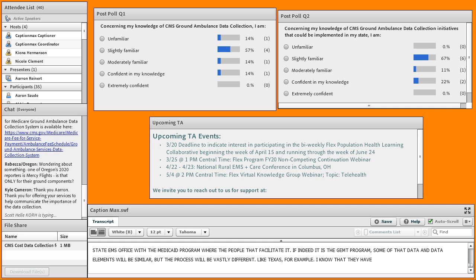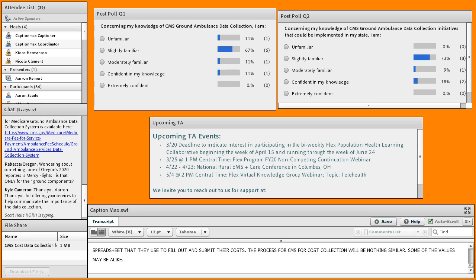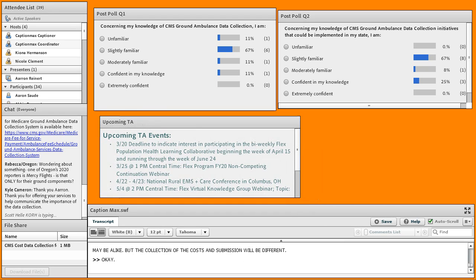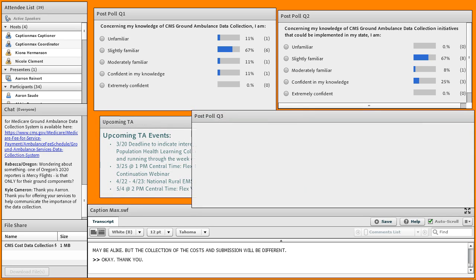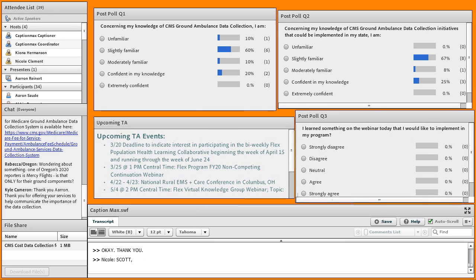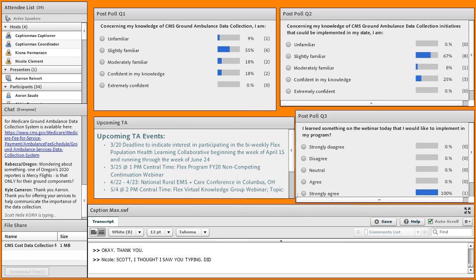Yeah, I'm not familiar with them specifically, but what I'm assuming, and I use that word very deliberately, so I'm clear about my assumptions here, is that's the GEMT program. So I would encourage you to check in with either the state EMS office or the Medicaid program, the people who facilitate it. If it's the GEMT program, some of the data and data elements will be similar, but the process will be vastly different.